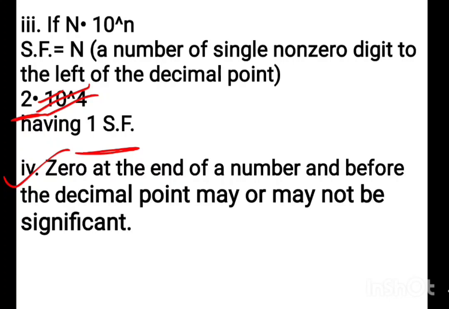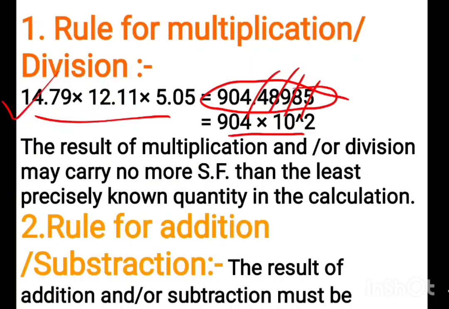You can use both of them. So the zero before the decimal is meaningless.